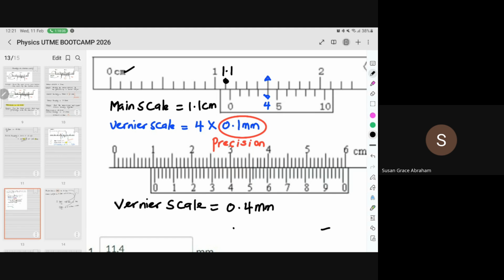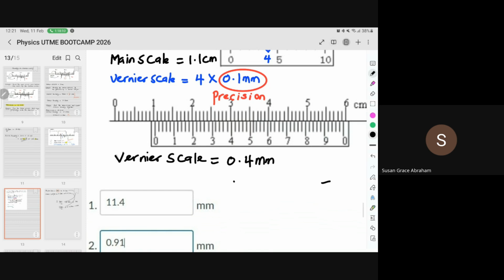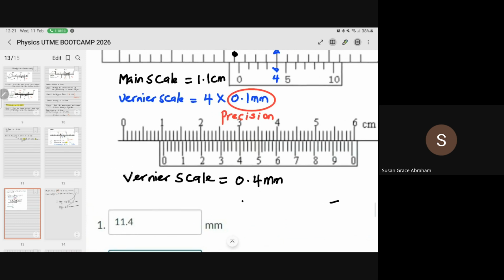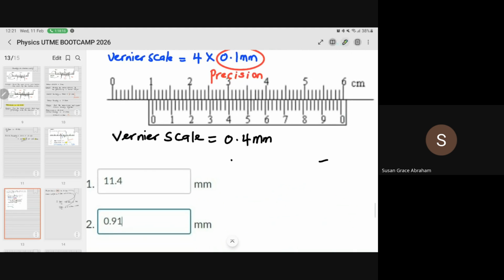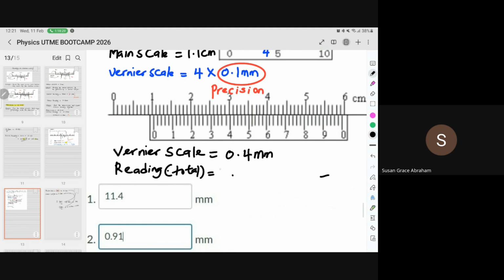But you know you cannot add centimeter and millimeter together. That's the point. So the reading in total is going to be what? The main scale is 1.1 centimeter. So I'm going to have 1.1 centimeter plus, you cannot add millimeter and centimeter together, so I'm going to convert 0.4 millimeter.